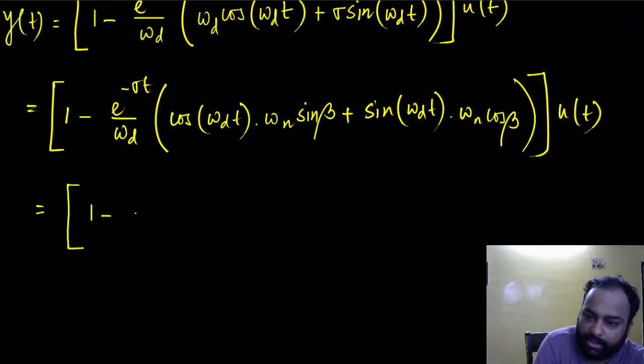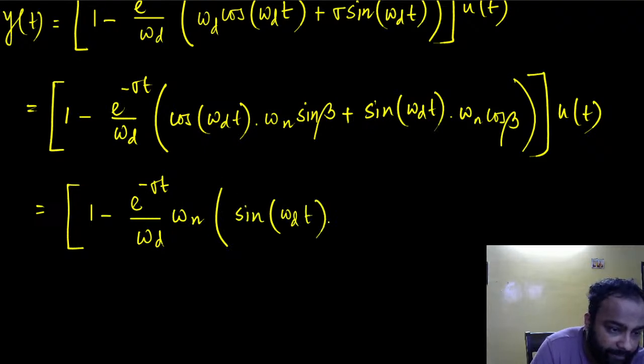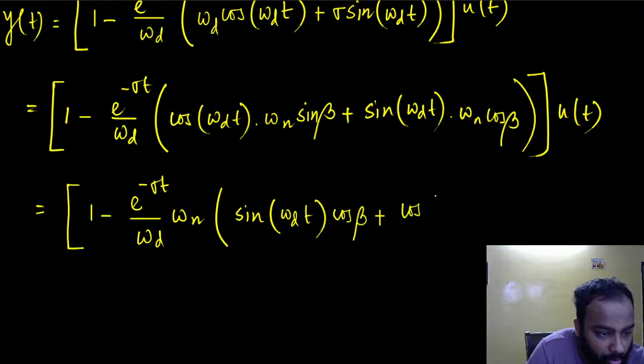So I have 1 minus e to the power minus sigma t. Again, if you have any query just feel free to ask, and just follow along the mathematics we are deriving here. Let's take omega n common out of this. So omega n factors out, and I have sine omega d t cosine beta plus cosine omega d t sine beta.